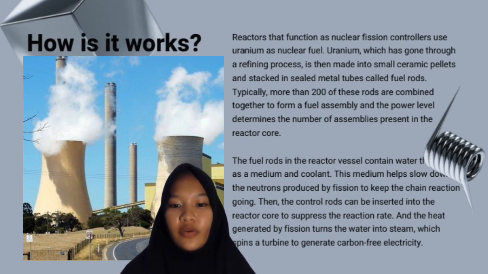The fuel rods in the reactor vessel contain water as a medium and coolant. This medium helps slow down the neutrons produced by fission to keep the chain reaction going. Then the control rods can be inserted into the reactor core to suppress the reaction rate, and the heat generated by fission turns the water into steam, which spins a turbine to generate carbon-free electricity.